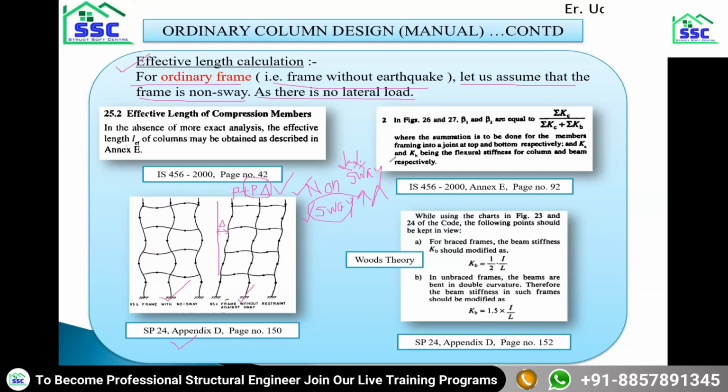Now let us see how we determine whether the frame is sway or non-sway. Right now I am just going to show you where it is given. The exact details we will study when we go to our ductile column.